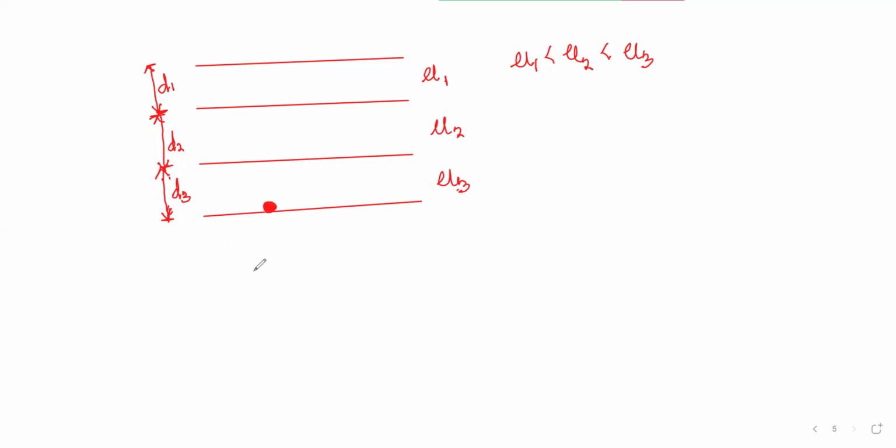So when you have a situation of this nature, you pick it liquid by liquid. So we know the absolute refractive index is RD over AD. So for the liquid one, what will be the apparent depth? It will be real depth, which is D1, divided by the refractive index of that liquid, N1.